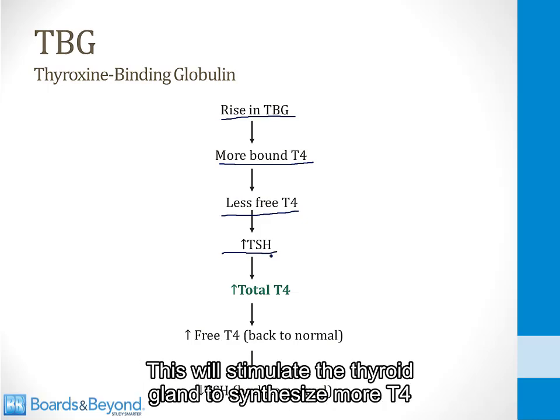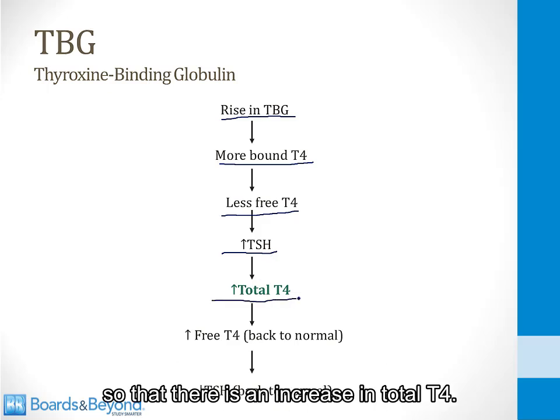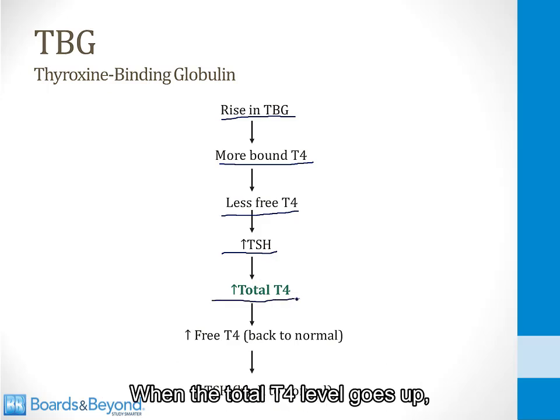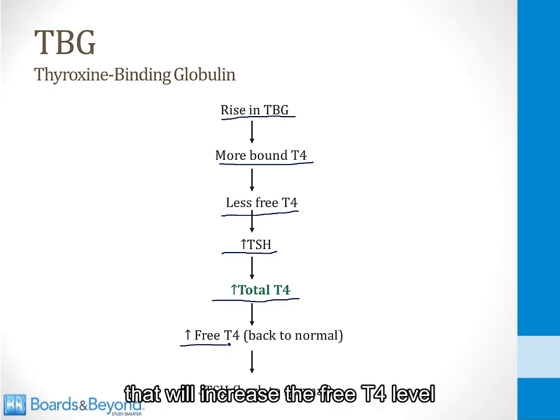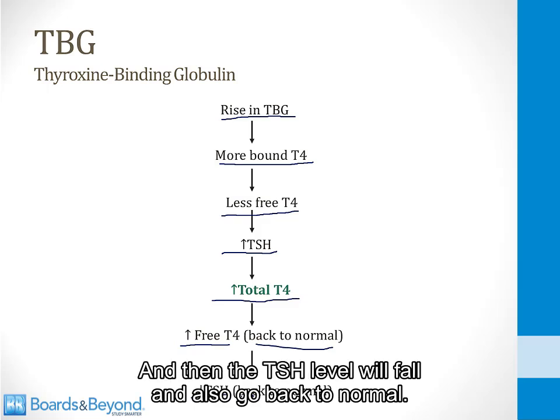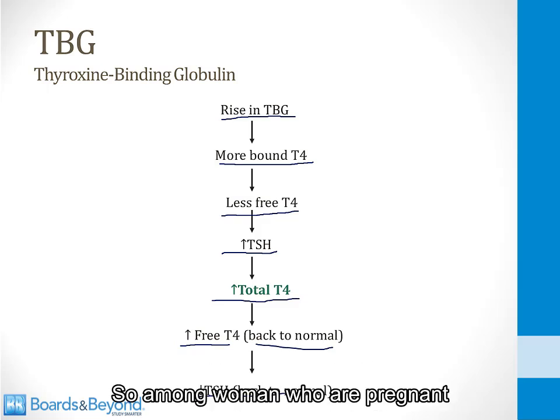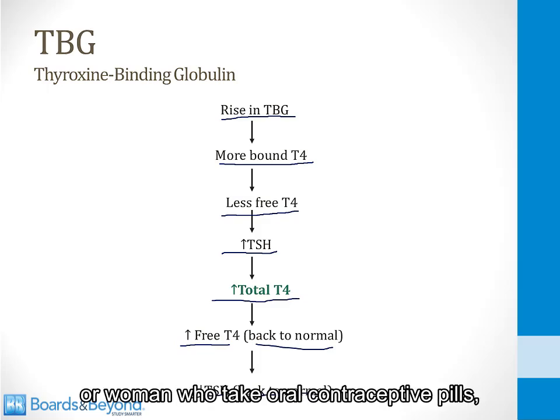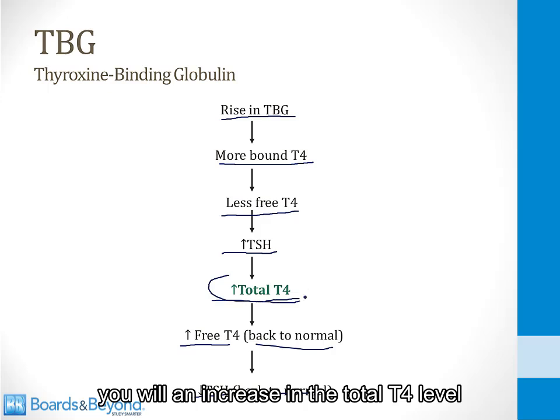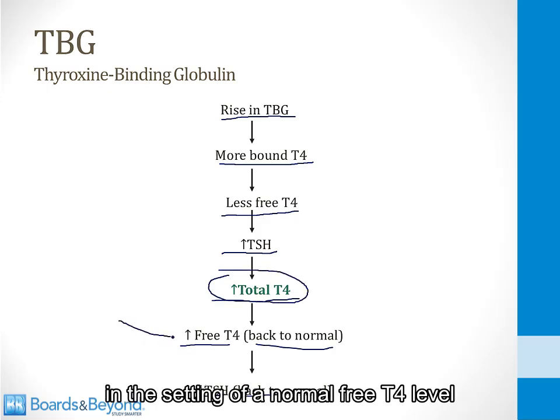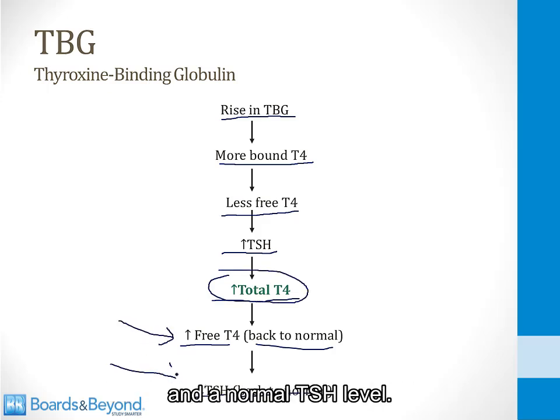This will stimulate the thyroid gland to synthesize more T4 so that there is an increase in total T4. When the total T4 level goes up, that will increase the free T4 level, so it goes back to normal. And then the TSH level will fall and also go back to normal. So among women who are pregnant or women who take oral contraceptive pills, you will see an increase in the total T4 level in the setting of a normal free T4 level and a normal TSH level.